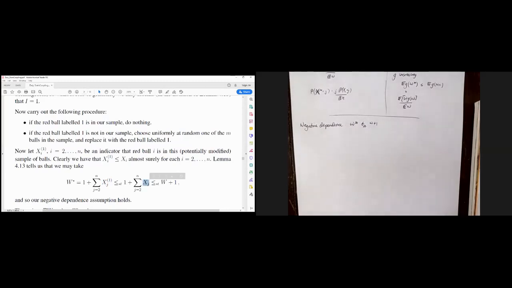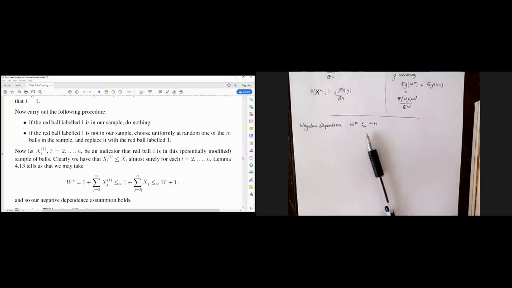So it's 1 plus something which is certainly less than or equal to W plus 1, because W has an X1 in it as well. My original W, that sum started from 1, now it starts from 2. So this is almost surely smaller than W plus 1. Because I've constructed my size bias version and my shifted version on the same probability space, coupled so that the size bias version is almost surely less than the shifted version, that tells me the stochastic ordering holds.